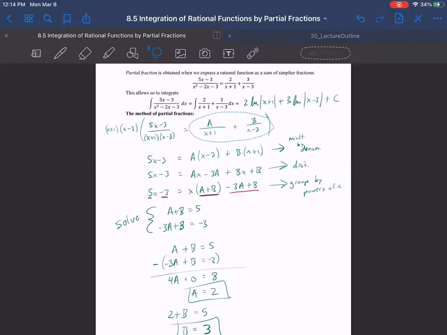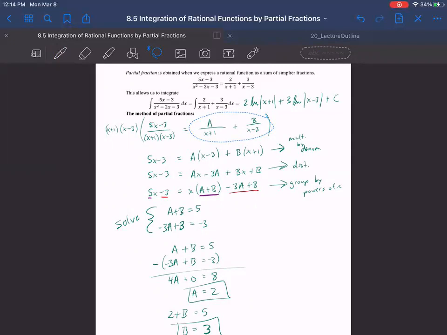Can we keep b and 8 and do 3 over x plus 1 plus 2 over x minus 3? No. No. Try it and see. It won't work out. When you combine those into one fraction, the coefficients will all be wrong.